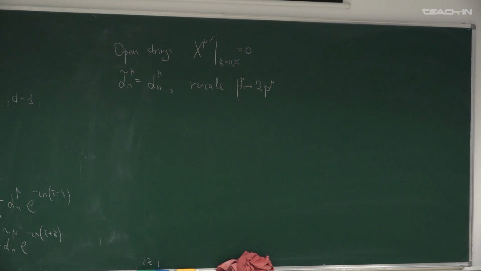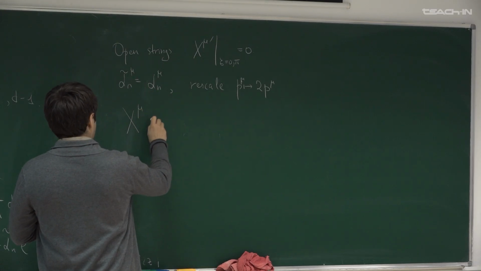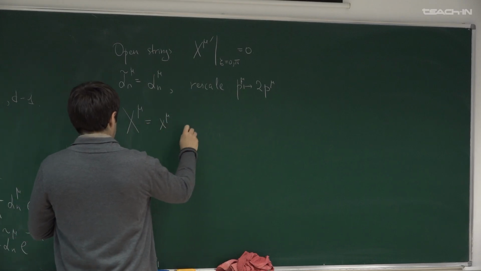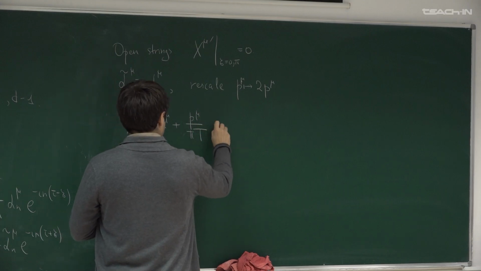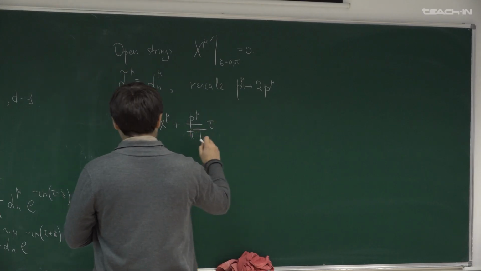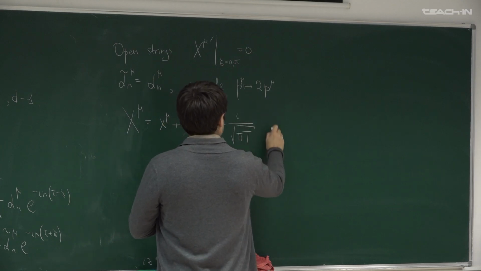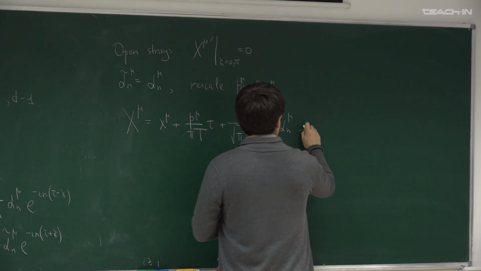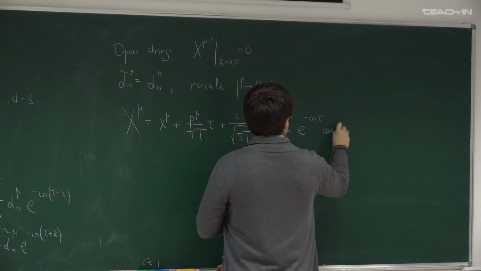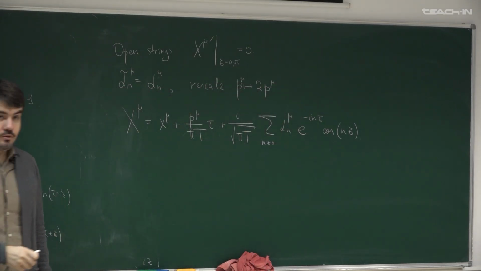So you look at the same solution, you just add up these two pieces, do this rescaling and set alpha equal to alpha tilde, and then you get the expansion that x mu is p mu over pi t tau plus i square root of pi t sum. All right, you get this expression.